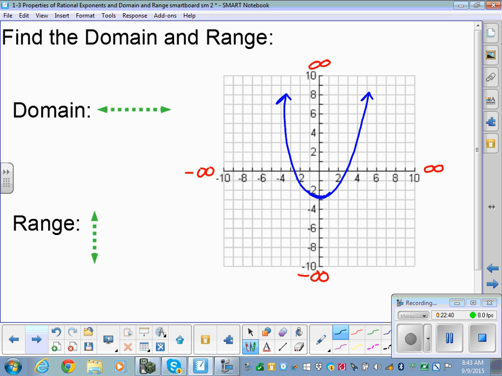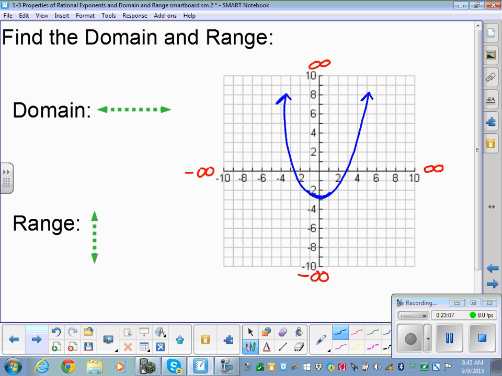So does everybody understand though, as it gets larger and larger that way, it's going to infinity? You all okay with that? And as our x's grow backwards this way, we're growing to negative infinity. We're getting really, really small. Does that make sense, everybody? And then on our y-axis, up here, if we get really, really large, we're growing towards infinity. And then down here, we're growing towards negative infinity.